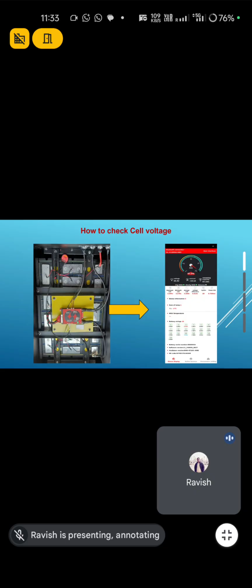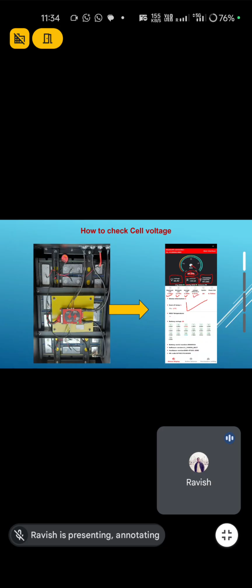Now, how to check the cell voltage? If you have an SM model battery, then your battery will be connected with the Smart BMS application, and you can see here the battery voltage, charging and discharging current, battery capacity, SOC, and the maximum cell voltage, minimum cell voltage, average cell voltage, and the difference cell voltage.